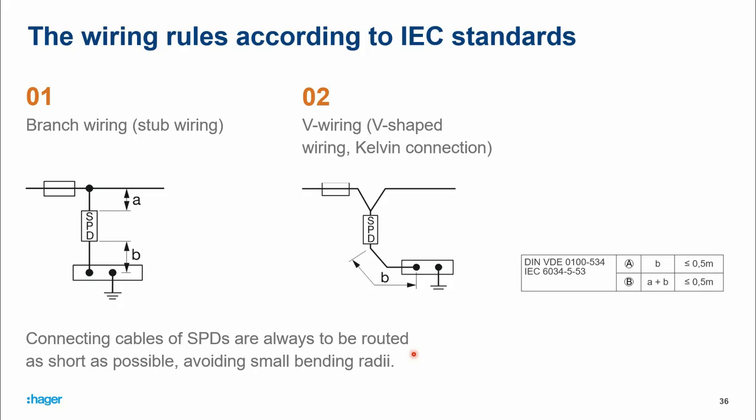According to the norm, the length of the cable must not exceed 0.5 meters. This means the total length of the cable from the L to the SPD to the ground should not exceed 0.5 meters.